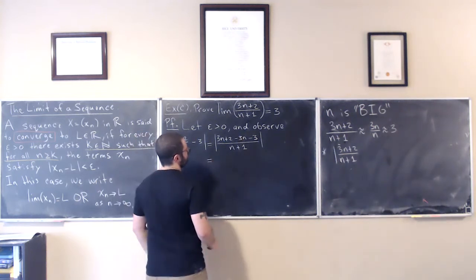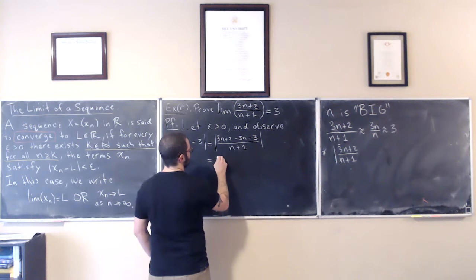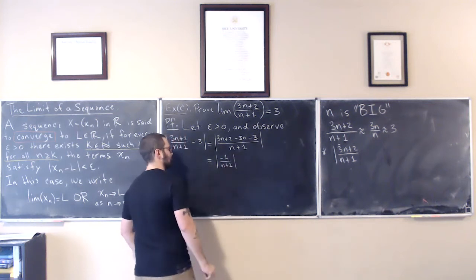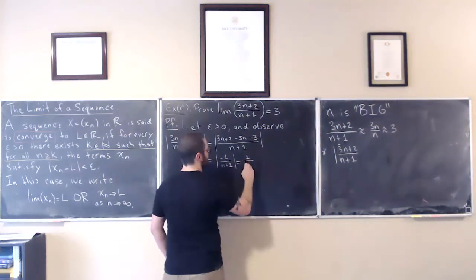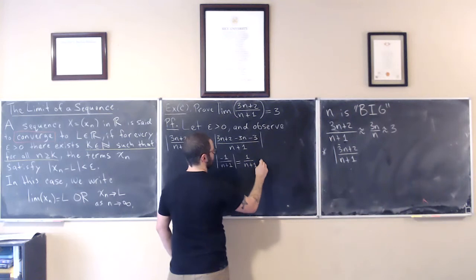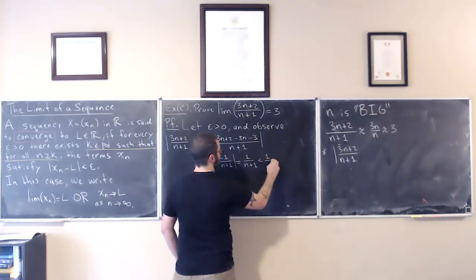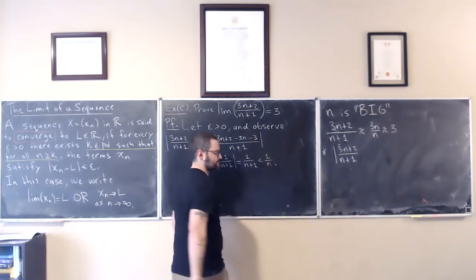And now this is going to be equal to the absolute value of negative 1 over n plus 1, which is equal to 1 over n plus 1, which is less than 1 over n.